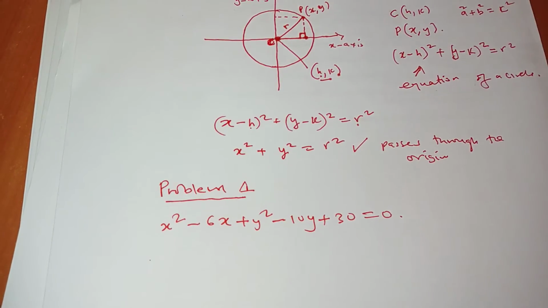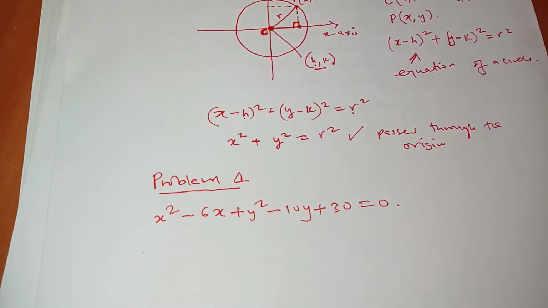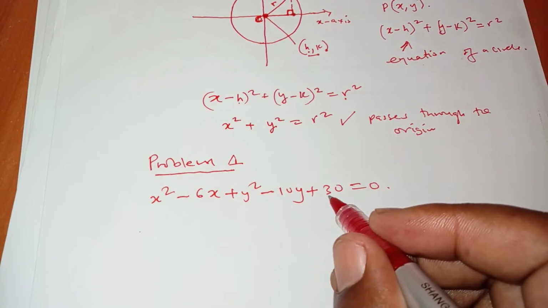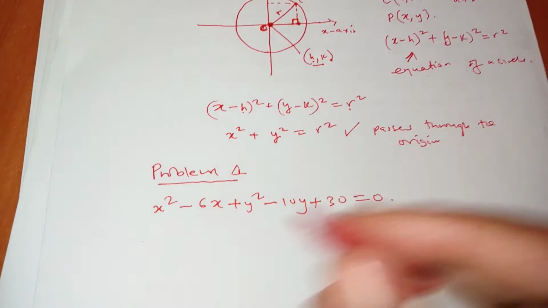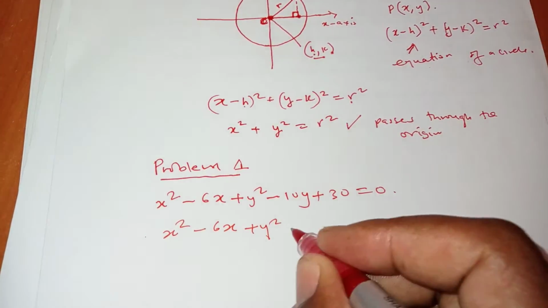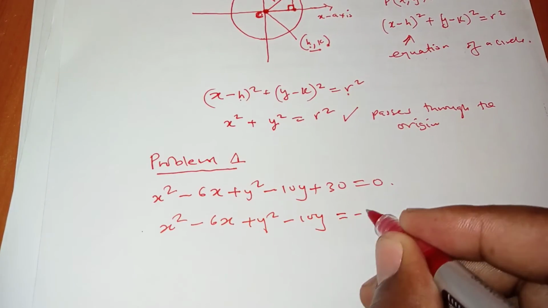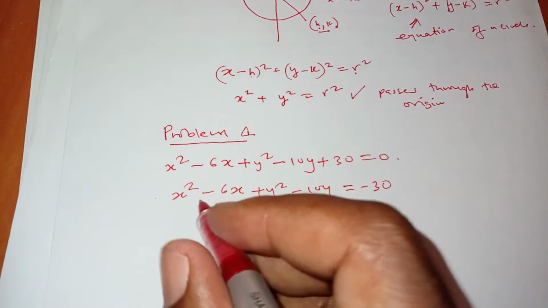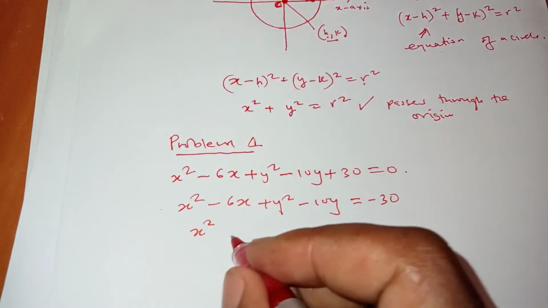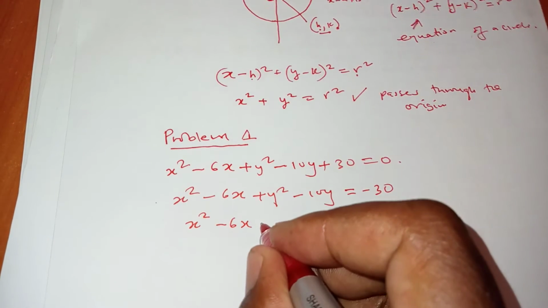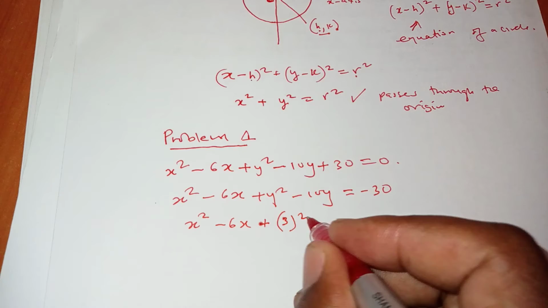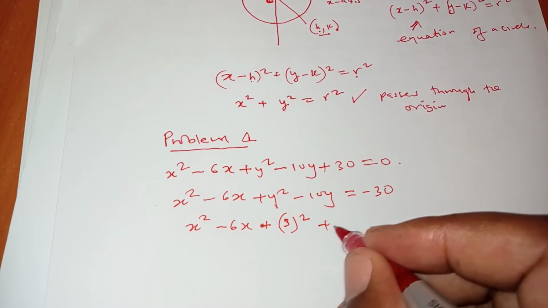So the first thing here is we are going to use the concept of completing the square. First of all we are going to take 30 to the other side. So we have x squared minus 6x plus y squared minus 10y is equal to minus 30. Then we divide the b value by 2, which gives us plus 3 squared, that is what we do when we are completing the square.